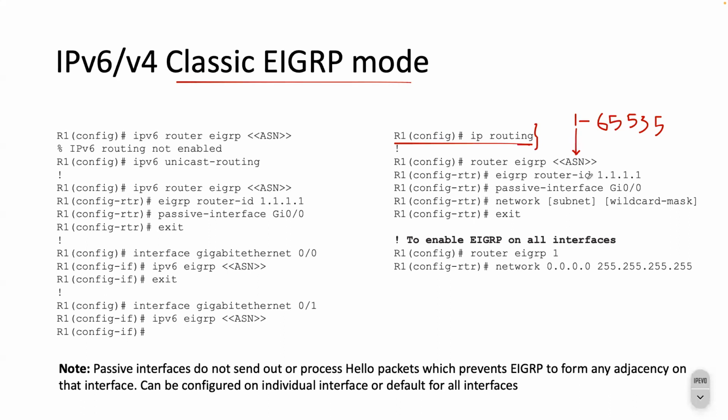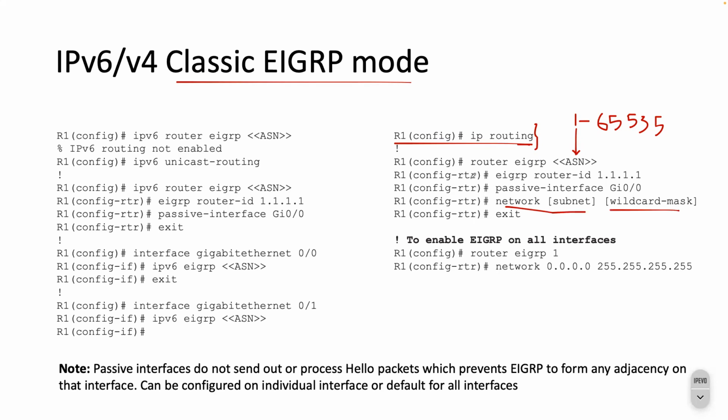You can define it manually, or it will automatically be calculated from the highest loopback IP address. If a loopback IP is not there, it will take the highest IP address from the interfaces. Then, using network statements, you need to identify on which interfaces you want to run EIGRP.